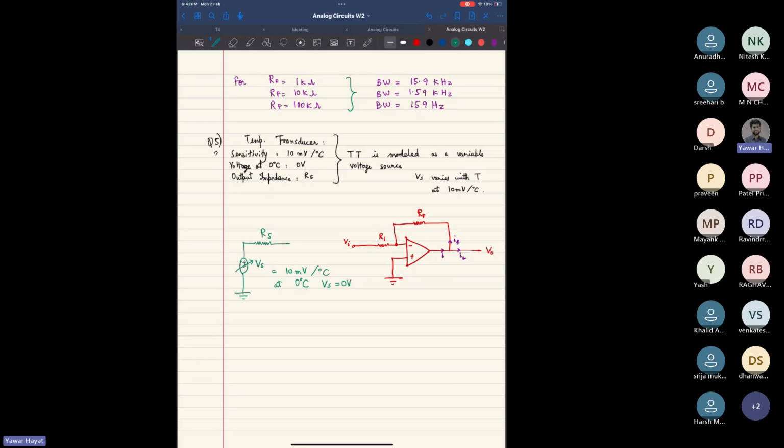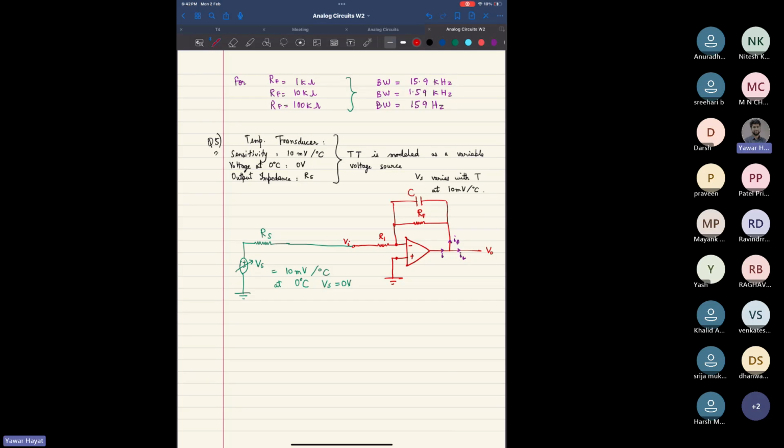This is RS. VI. This is R1. Oh, I guess I should attach a capacitor as well. This is C, RF, VO. R1, VI, RS. Rest of the things are fine.